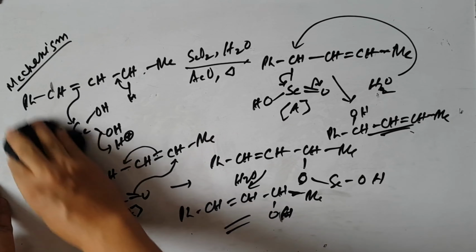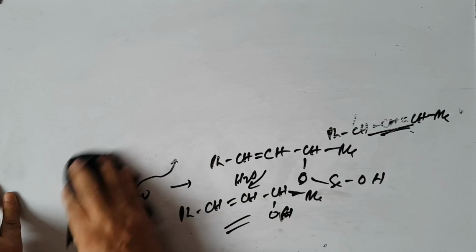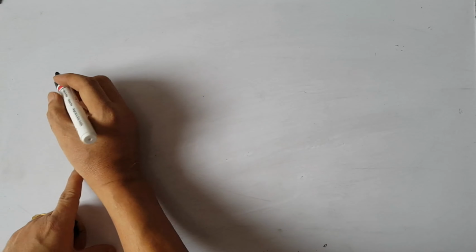And then the last one: tri-substituted alkenes, the olefinic compounds, can also be oxidized by selenium dioxide selectively at the more substituted end of the carbon-carbon double bond.